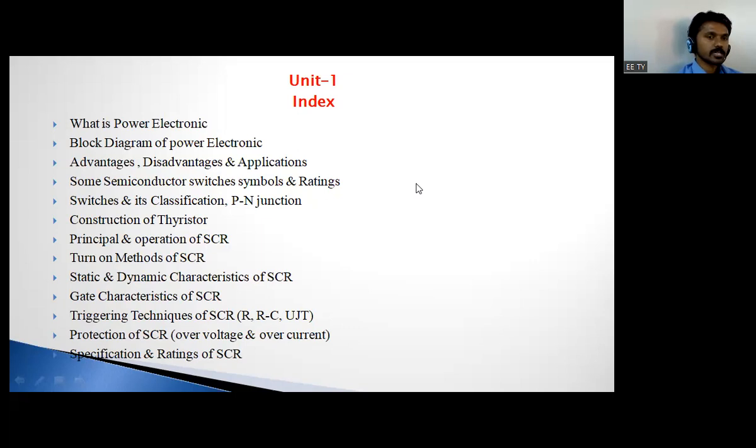Before starting this subject, we need to study some switches. Why do we need to study switches?